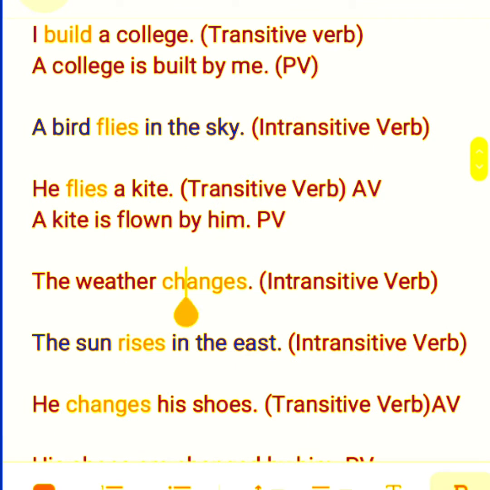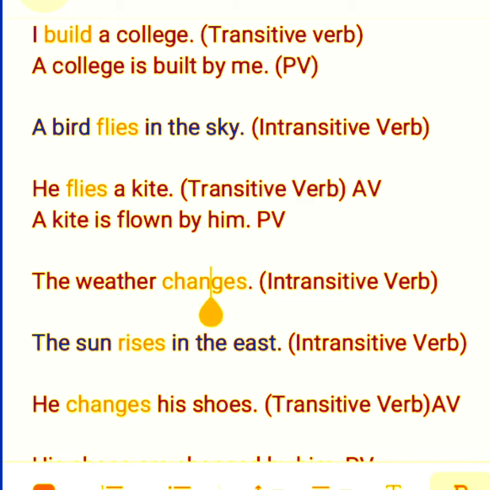The weather changes. Now when we talk of weather as if it is automatically acting, suppose automatically changing, then there is no object, the weather changes. There is no doer, as if it is changing itself. But when we mention Allah changes the weather, God changes the weather, then this will become transitive.